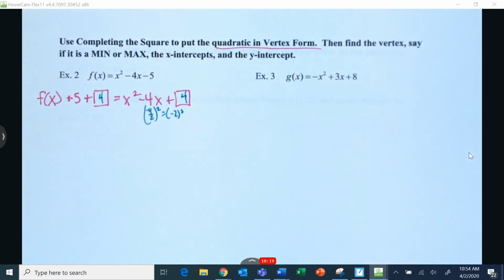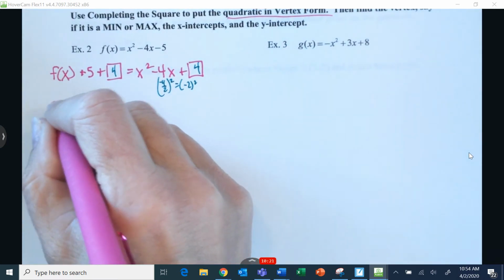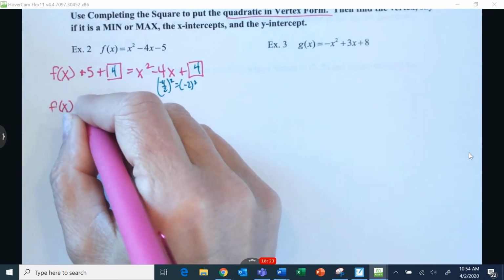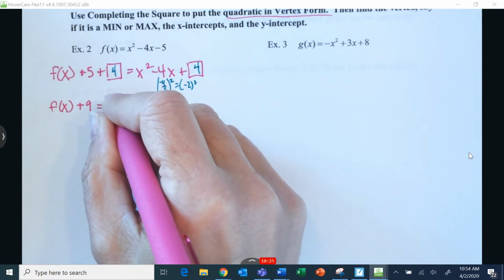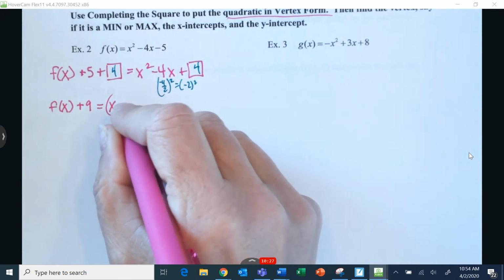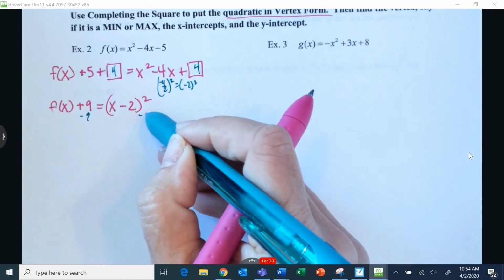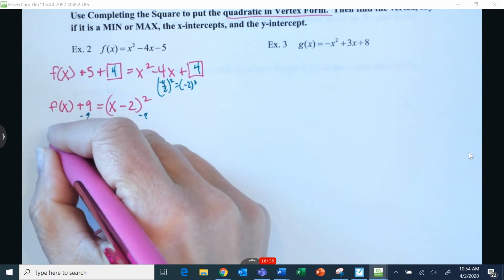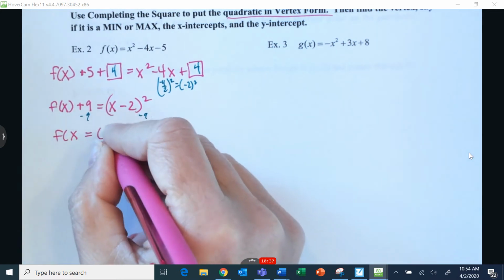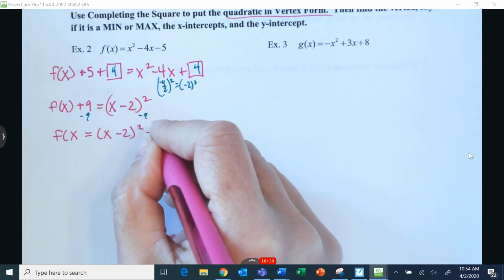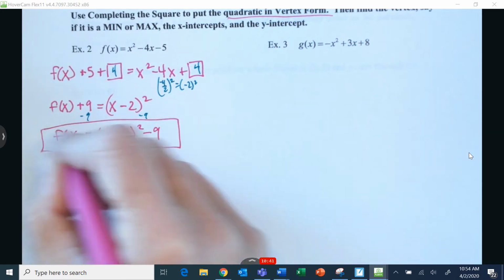Add that to both sides. So I have f of x plus 9 equals, and then I'm going to factor that while I'm at it, x minus 2 squared. Okay, and then we're going to subtract 9 from both sides. And it is in vertex form.